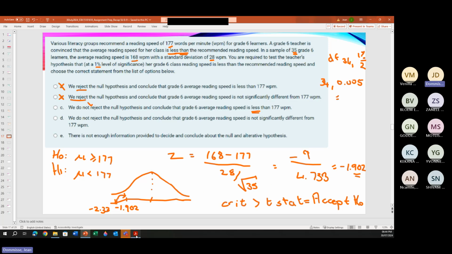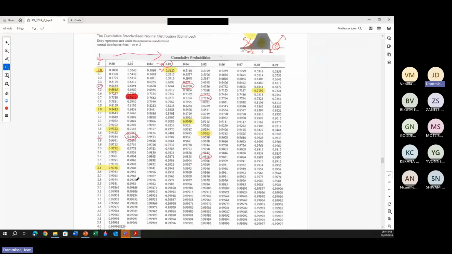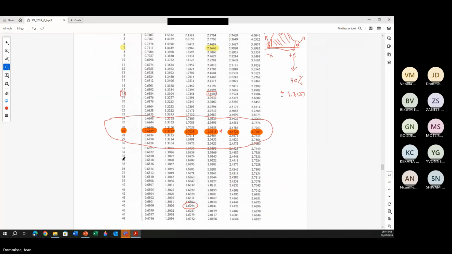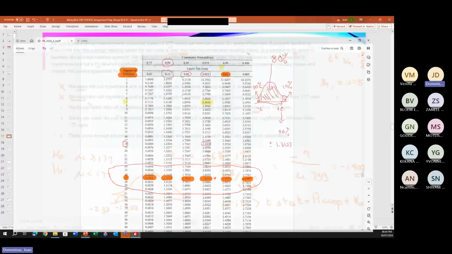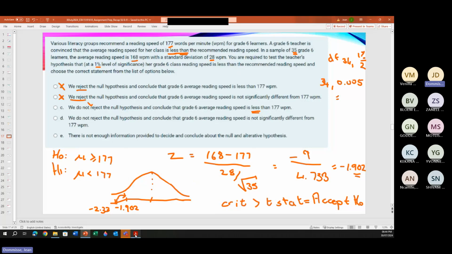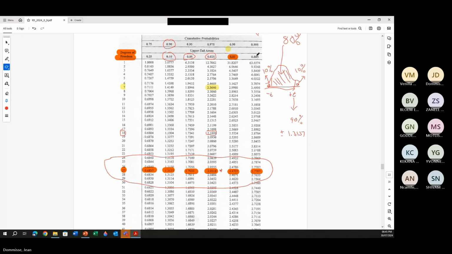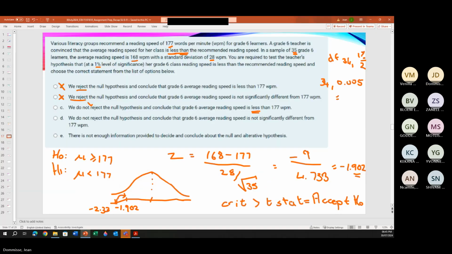So let's quickly check. Degrees of freedom 34, 0,005. Okay, so your critical value is even bigger than that.